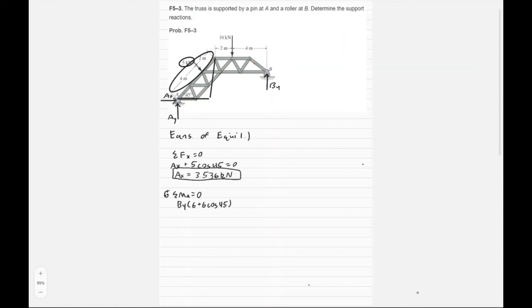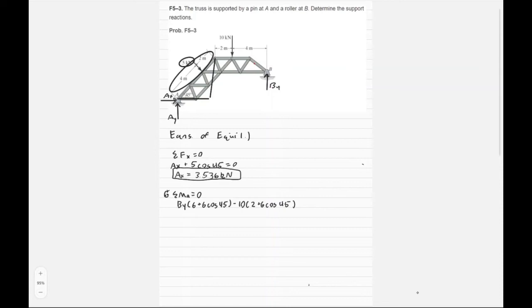Next, let's move on to the 10 kilonewton force that we see. It's going negative in the y direction, so it's minus 10. There's an original 2 meters, and then as we did last time, we're going to be adding another 6 cosine of 45.